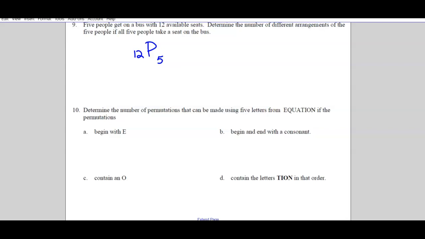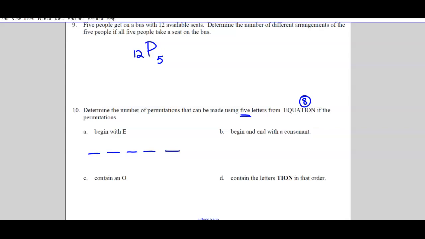Okay, so the next one, determine the number of permutations that can be made using 5 letters from the word equation. Okay, so count up. 1, 2, 3, 4, 5, 6, 7, 8. But we're only doing 5 letters. And there are some restrictions.